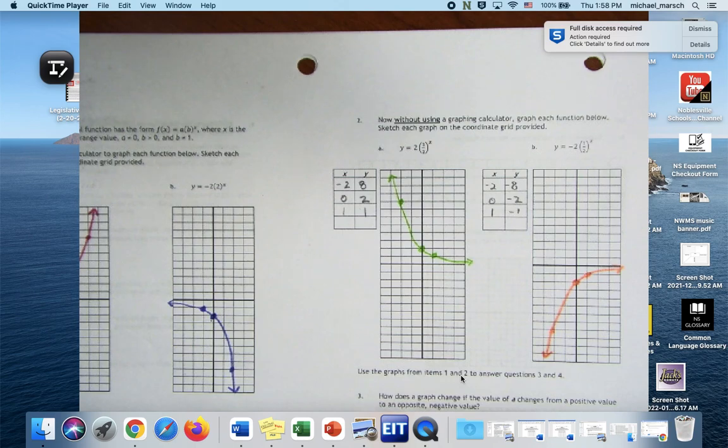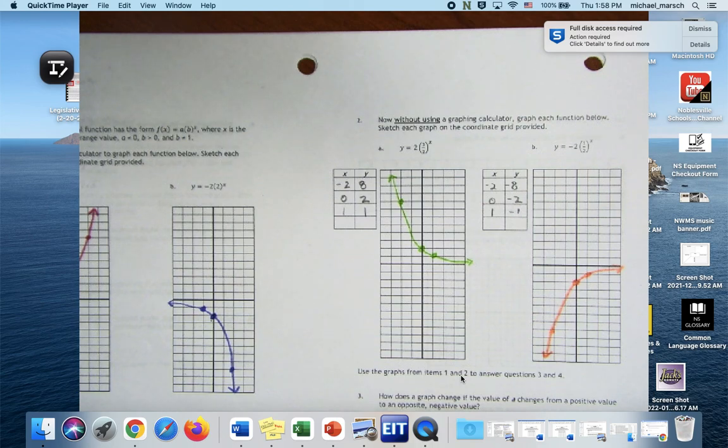On the test, will there be like the tables that we have to fill in? I don't think so. No.